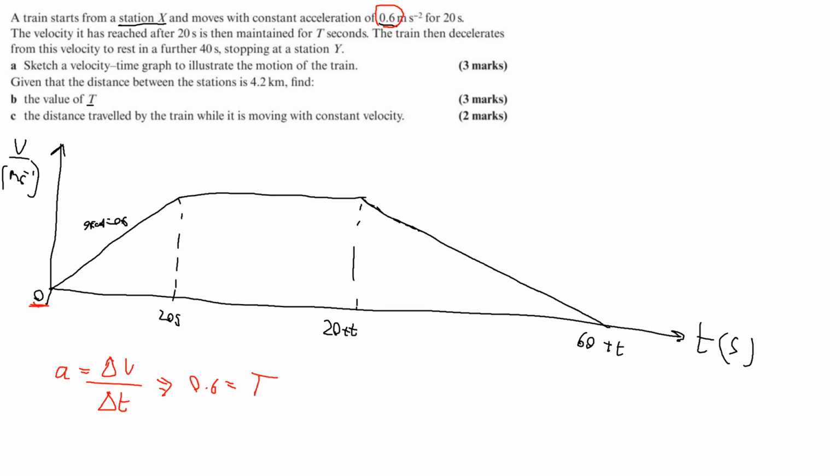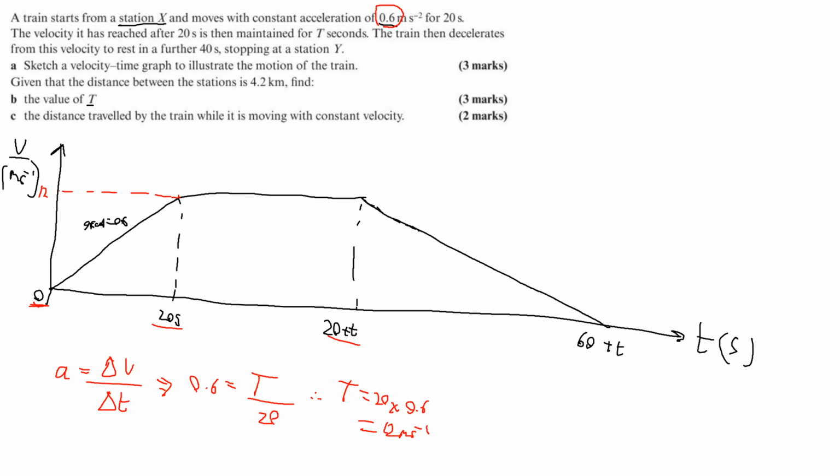So v is equal to 20 times 0.6, which is 12 meters per second. That's the velocity here. The question is how long will it last from here to here? First let's label that as 12.